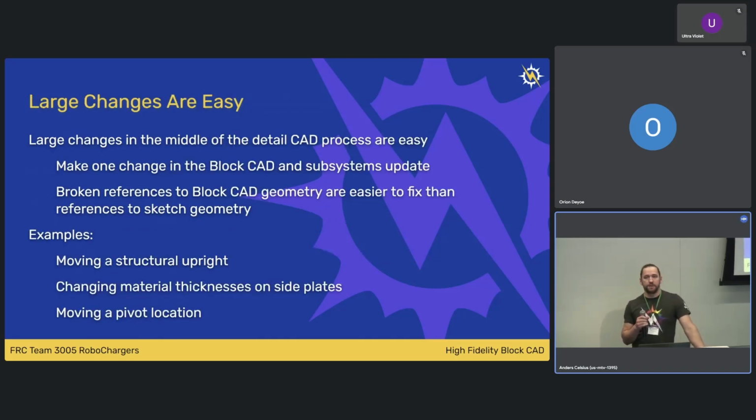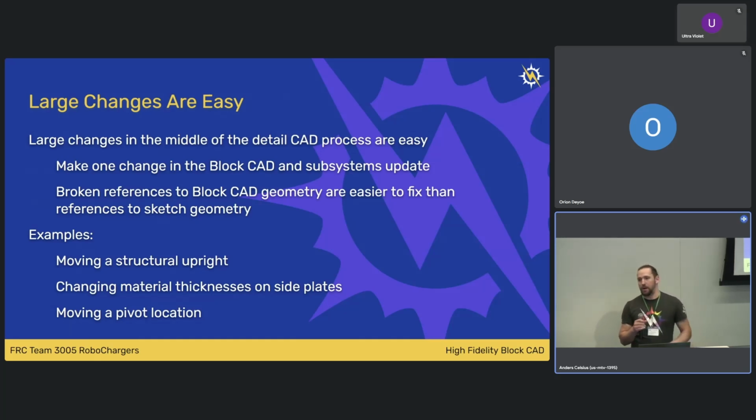This is tied closely to the stability of the model, but making really big changes that affect multiple subsystems is a lot easier with this block CAD process, because A, the model is just not going to break as much, and B, because you've got a lot more definition in your block CAD.